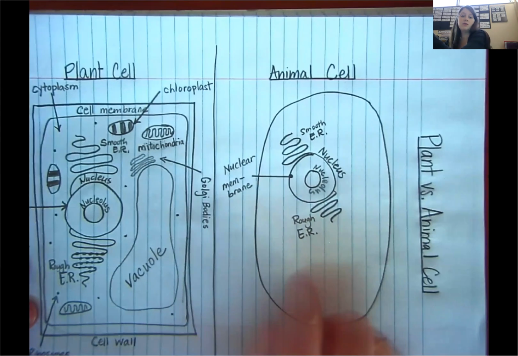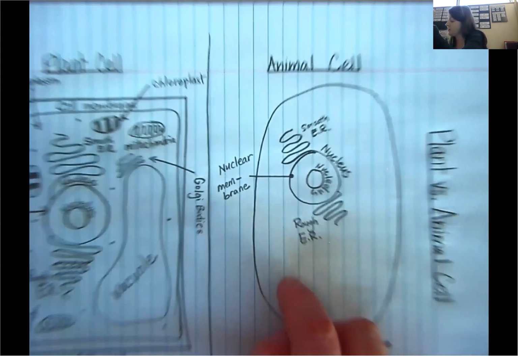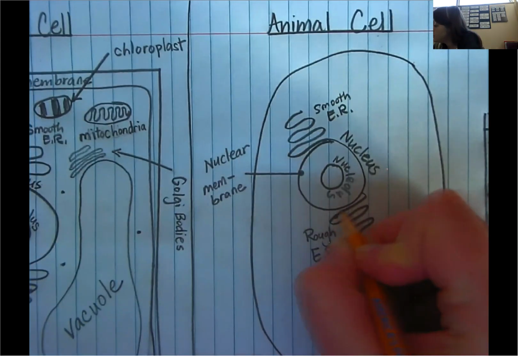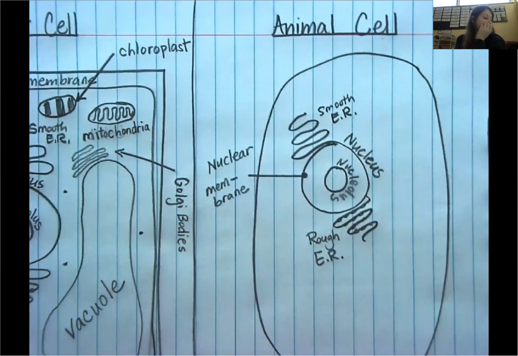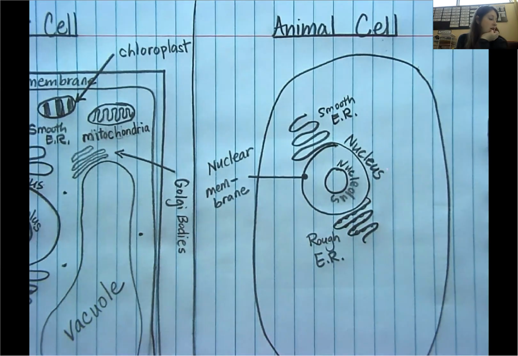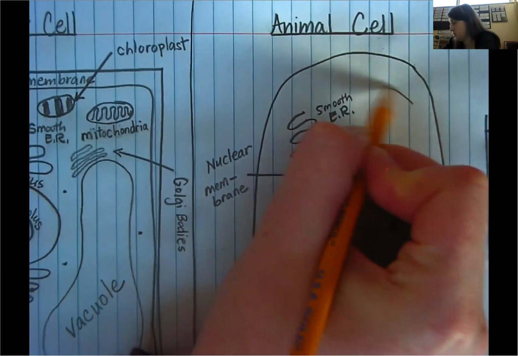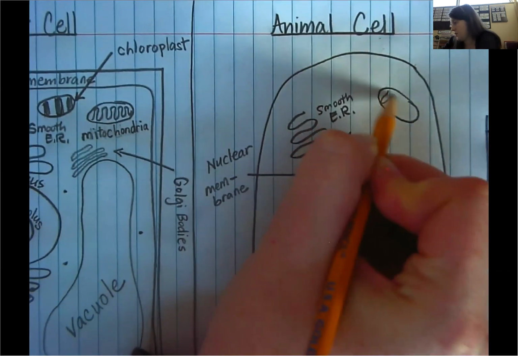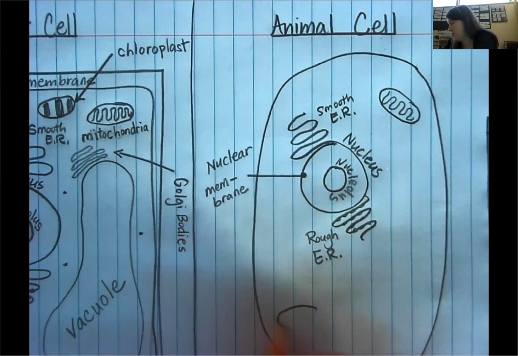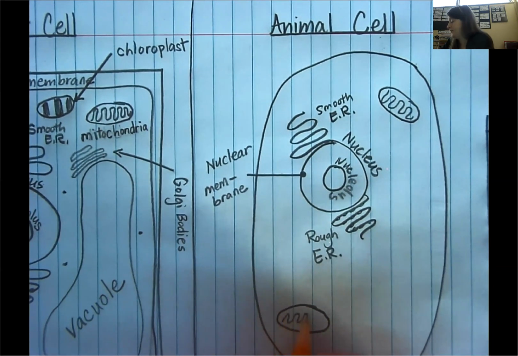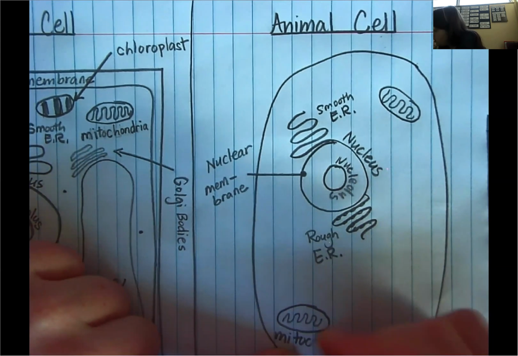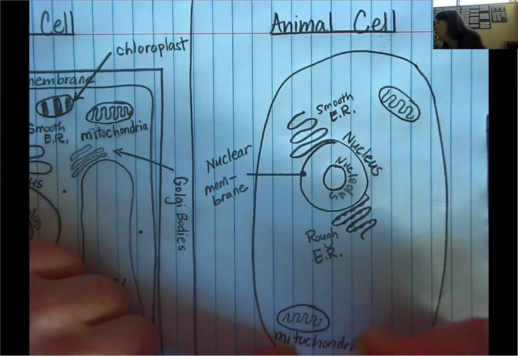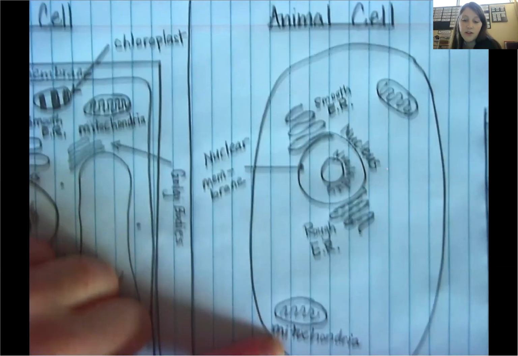Okay, so we have the smooth ER, the rough ER, which means it has to have ribosomes on it to indicate that it's rough. We have the mighty mitochondria. Mitochondria. Again, powerhouse, energy, all that good stuff.